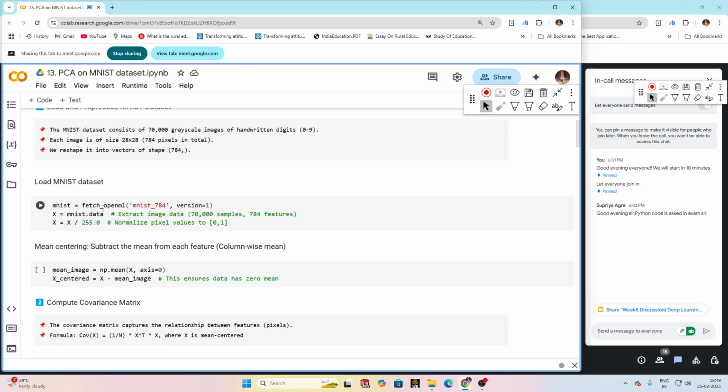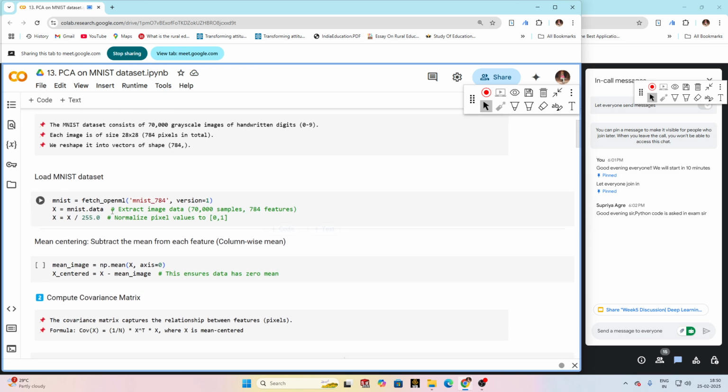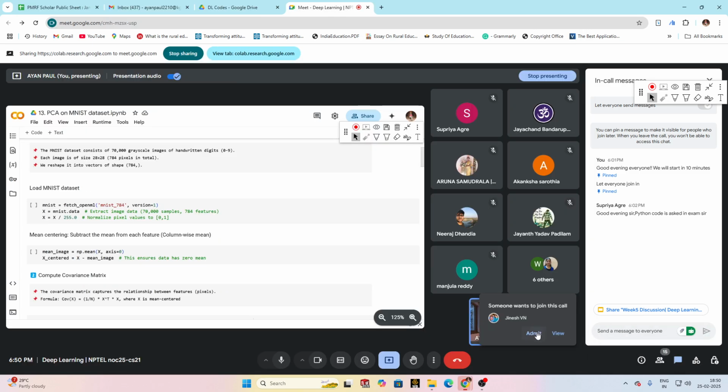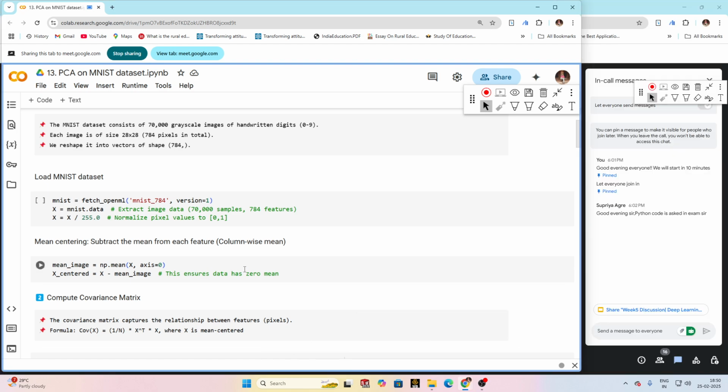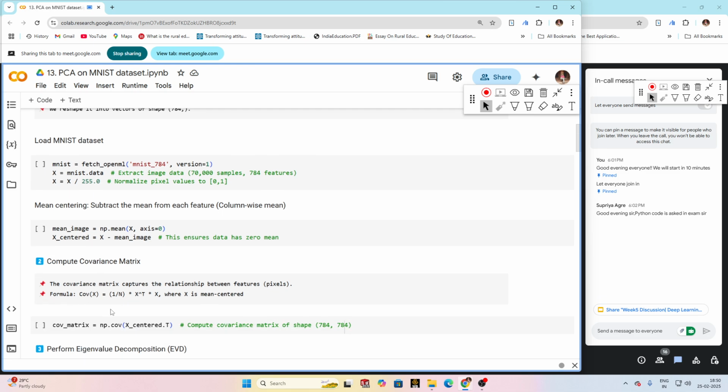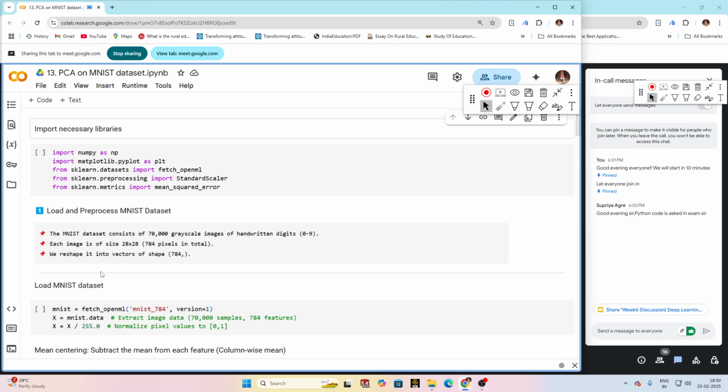And then what we are doing is loading the MNIST dataset. I am not running this code. I have already run this code before the class. I am not running it because it might take a little more time to load everything. But every output is below the code, so there will be no issues.